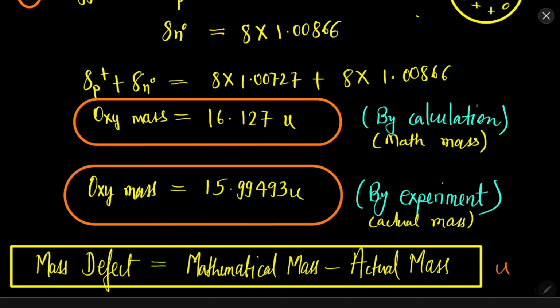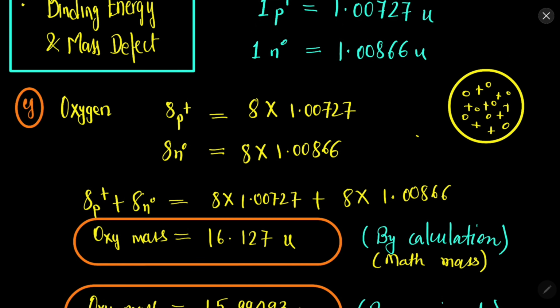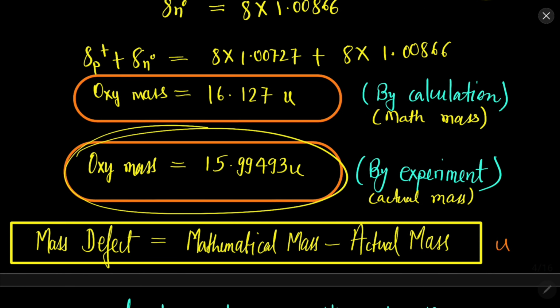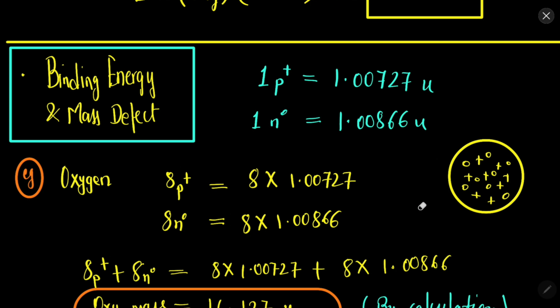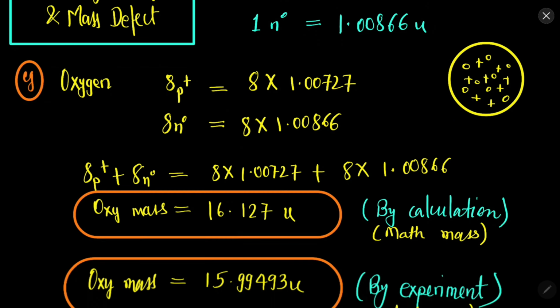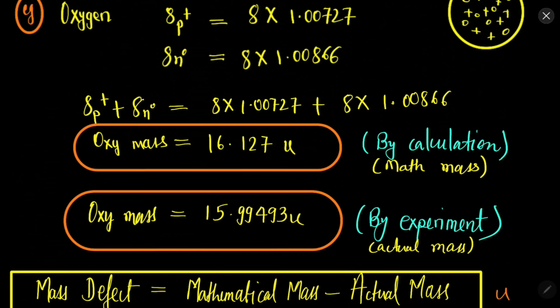So what is mass defect? Mass defect is the difference between the mathematical mass and the actual mass of the nucleus. When we mathematically calculate, the mass was coming out more, and when the actual experiment was done and the mass of the nucleus was measured, less mass was coming. This was called the mass defect.